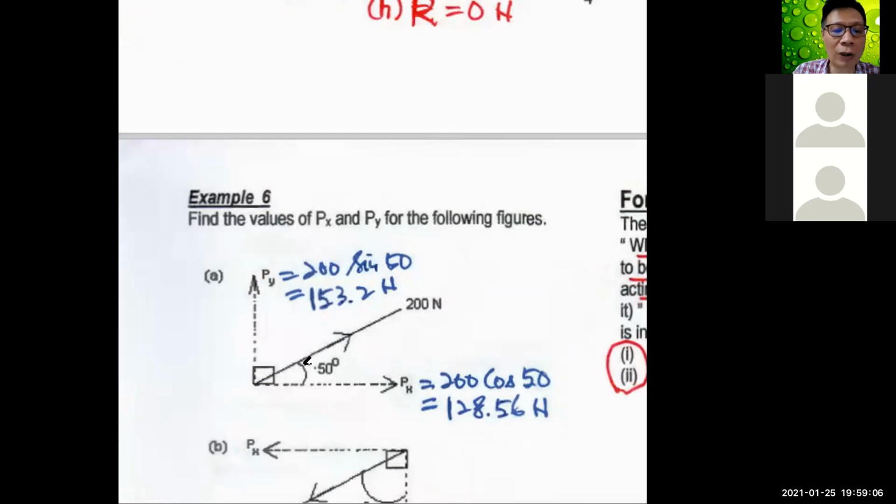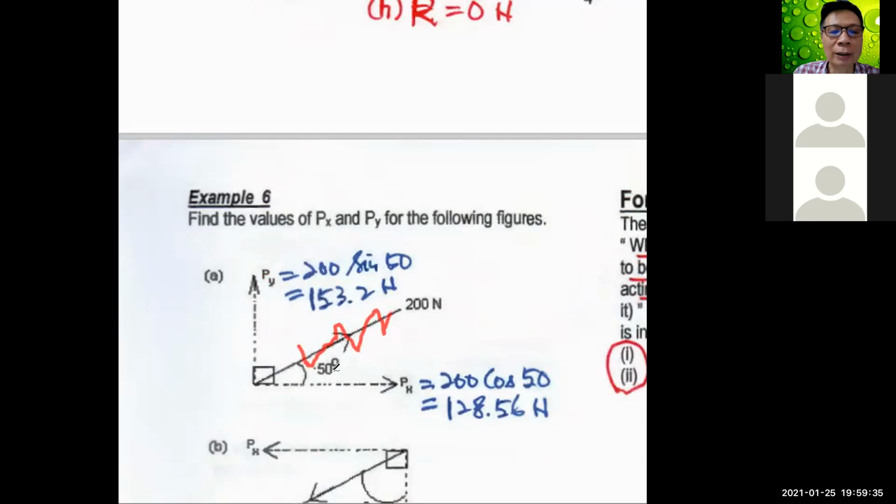So 200 times cos 50, just press your calculator, you get 128.56 Newton. So meaning that after you have broken up the force to x and y, the original force doesn't exist anymore, you can cancel it off, it becomes this x value.